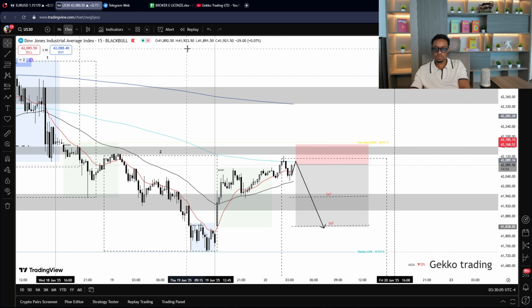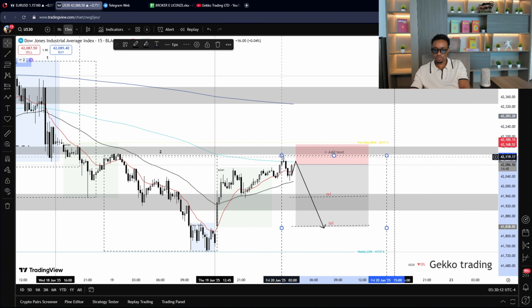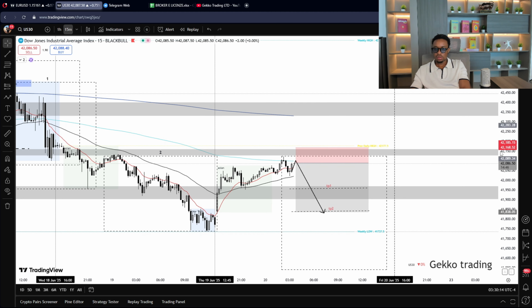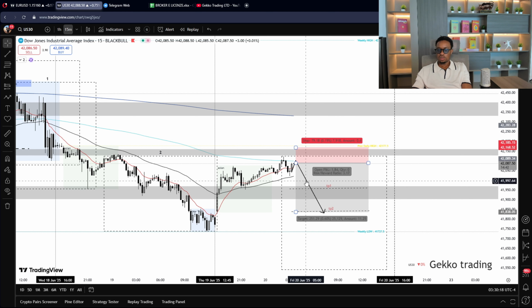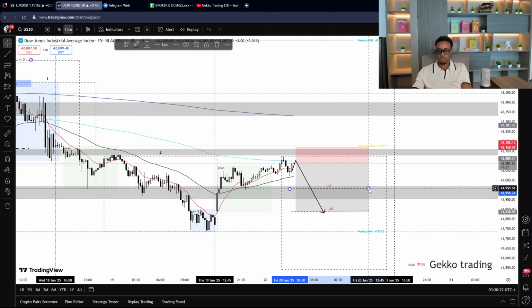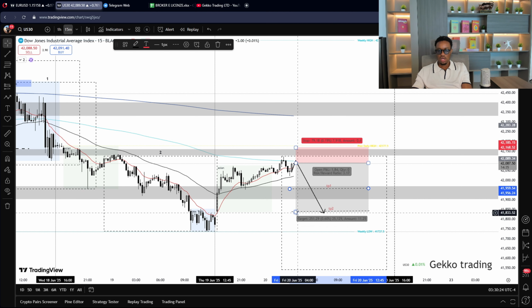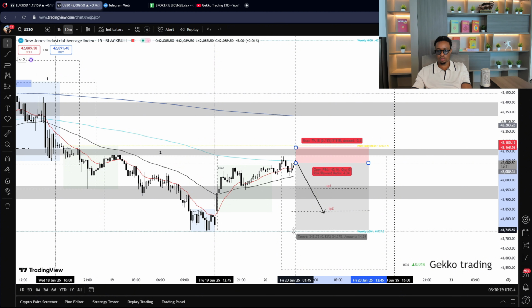Okay, so this is essentially what we are looking at. Stop loss above the high, TP1 Asian mid, and TP2 Asian low, and depending on how fast this moves, perhaps we could be targeting the weekly low.